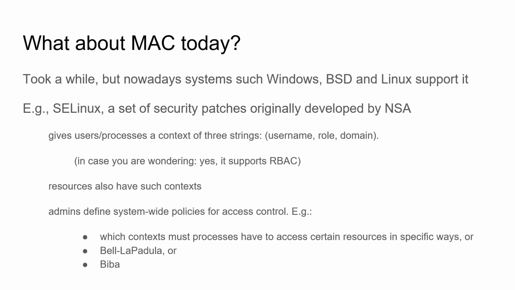And what you can define is system-wide policies for access control on the basis of these contexts. For instance, which contexts processes must have to access certain resources with specific operations.